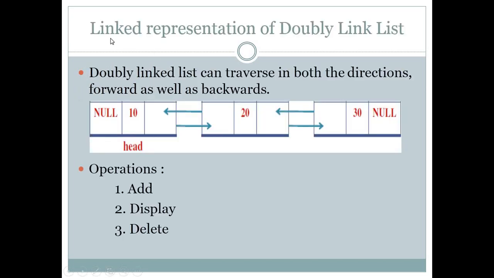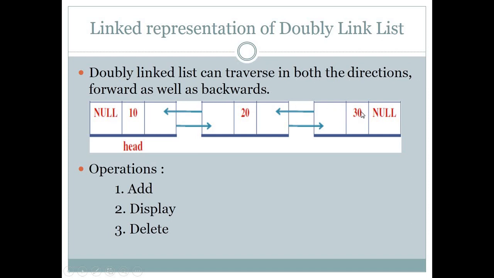Now, the representation of a doubly linked list. Here in this doubly linked list we will have a head node, next node and this next node. So in a doubly linked list we can traverse in both directions, forward as well as backward.